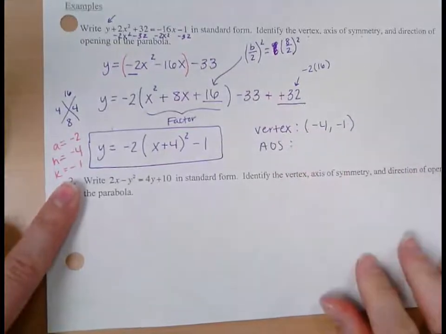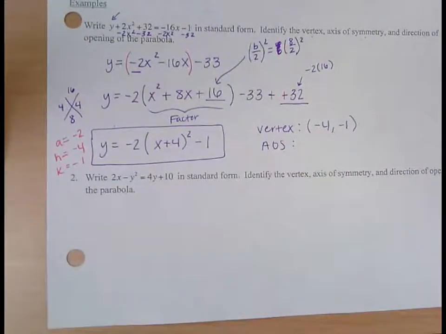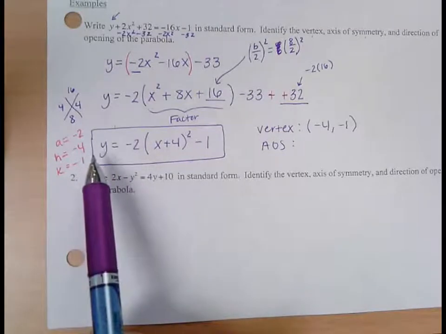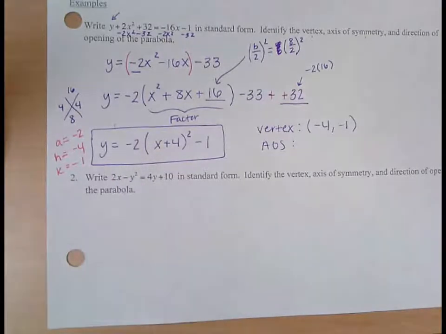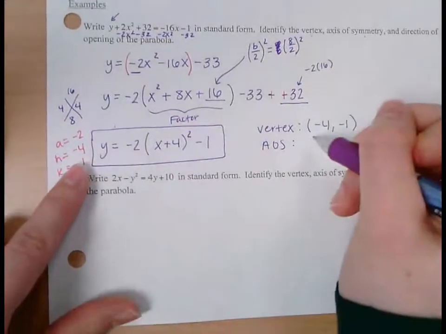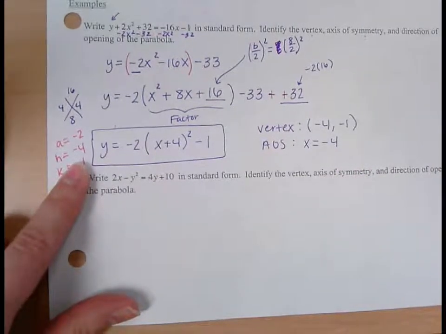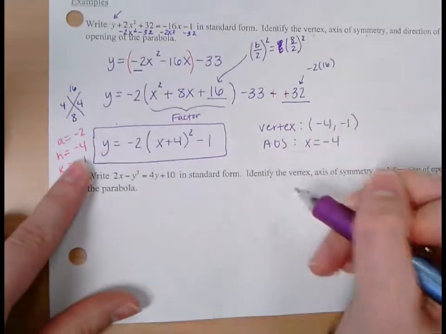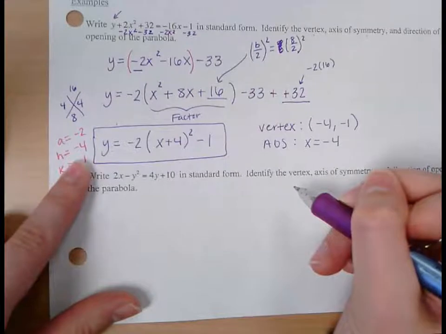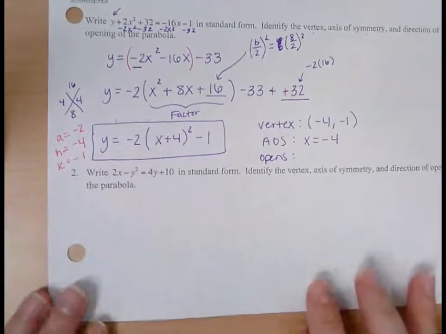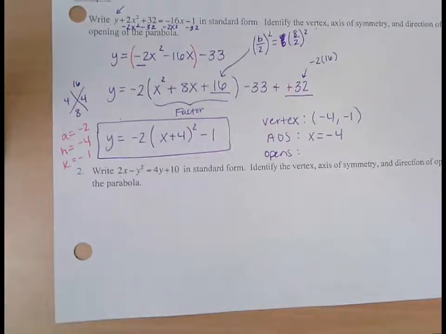The axis of symmetry for a parabola that opens up or down, or the parabola that has the standard form with y equals, is the equation x equals h. So if h is negative 4, the axis of symmetry is x equals negative 4. And then we're saying which way it opens. What direction does this one open? Down.